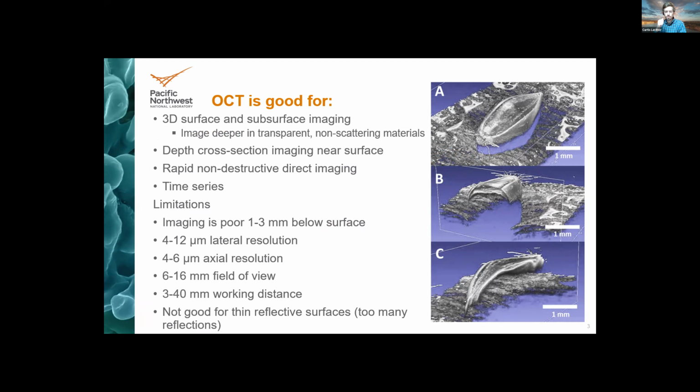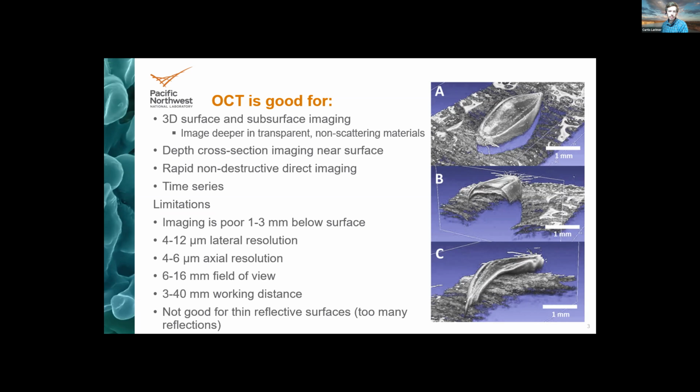So in a root, you'll be able to image deeper than you would in surrounding soil, because the soil is made up of a lot of scattering particulates. That root's also probably going to be white or partially transparent, which will help light penetrate deeper. What you get out is a 3D image where you can then cross-section through the depth.